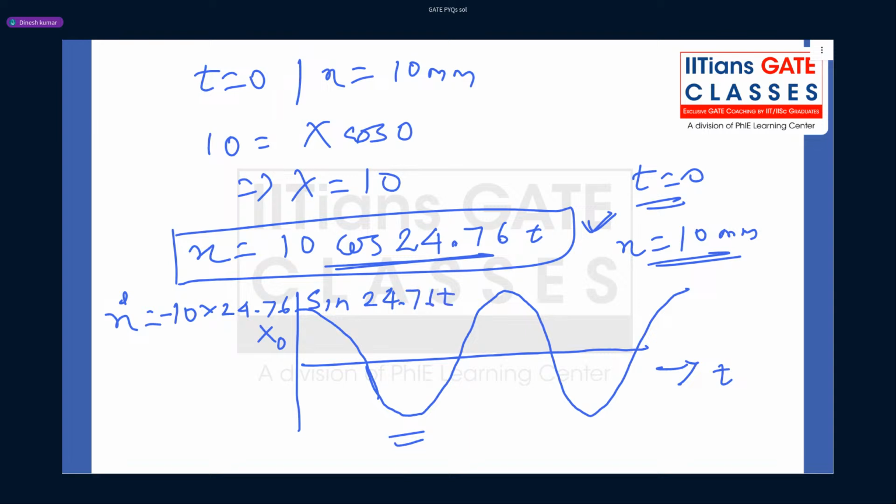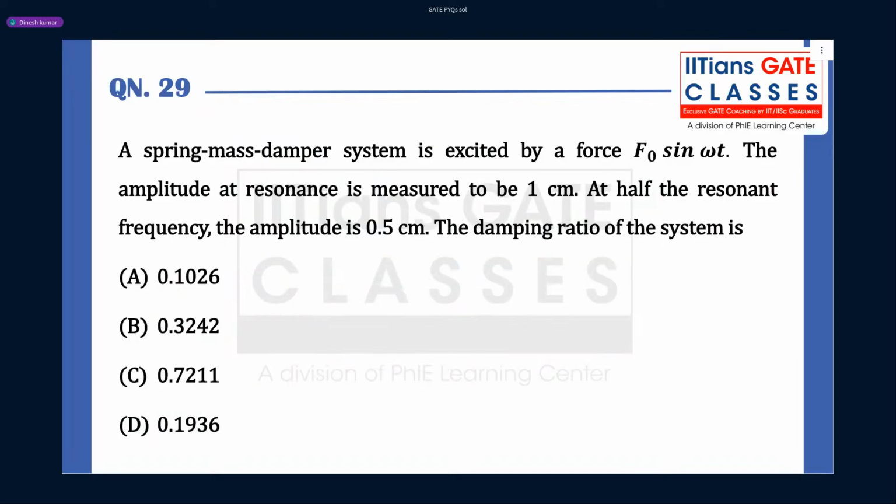Now again you can check, if you substitute t equal to 0, what will be the velocity? 0 or non-zero? You can check, it will come to be 0, which is your given initial condition. Okay, so let's move to the next question.